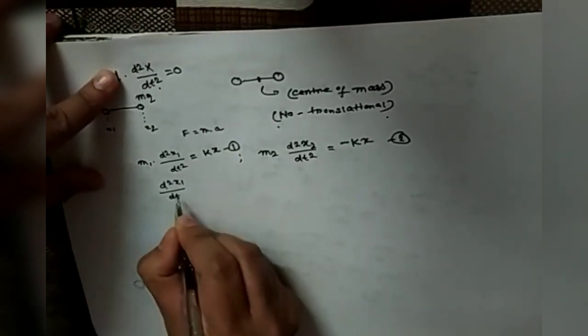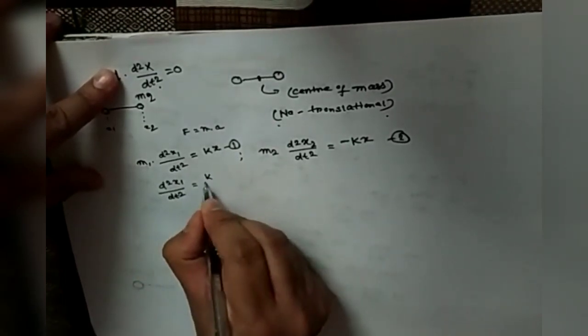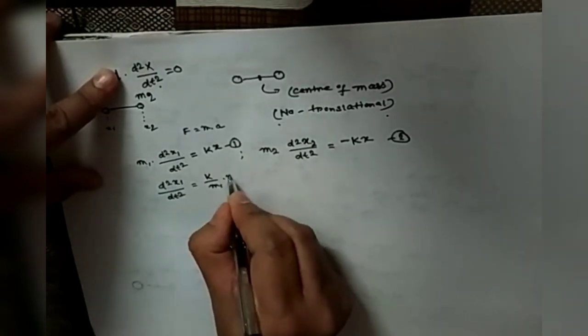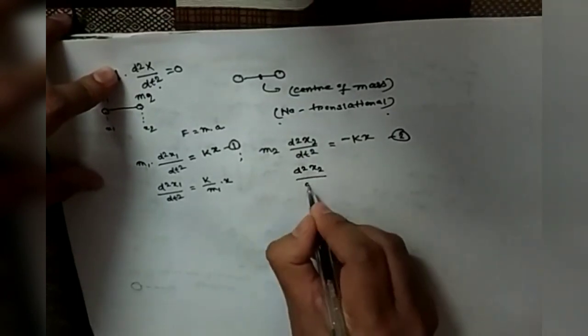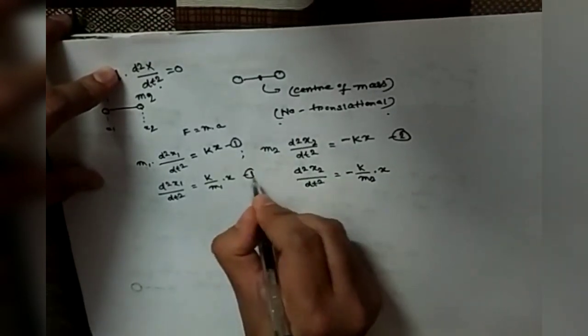We can make the equations a bit simpler: d2x1/dt2 will be equal to k/m1 into x, and d2x2/dt2 will be equal to minus k/m2 into x. So this is equation 1 and this is equation 2. It will be easy for us. We will not do 1 minus 2, we will just do 2 minus 1.